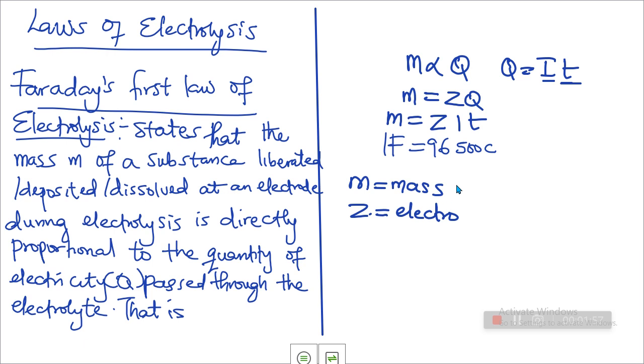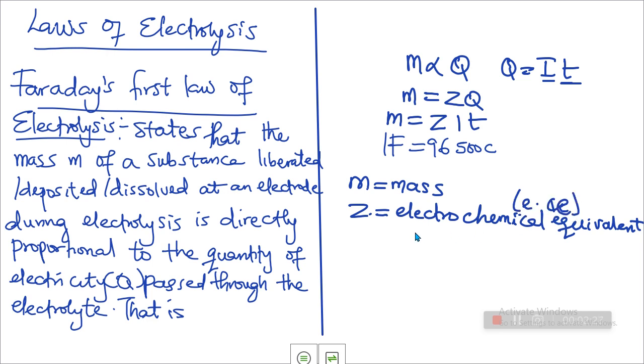In physics it should be in kilogram, but in chemistry, when you are using this formula, you will be converting to kilogram. But most of the time when I'm using this for you, you will not need to convert to kilogram. So Z is called the electrochemical equivalent. You may just write it like EC.